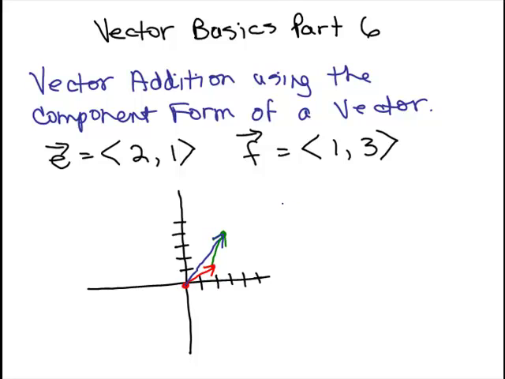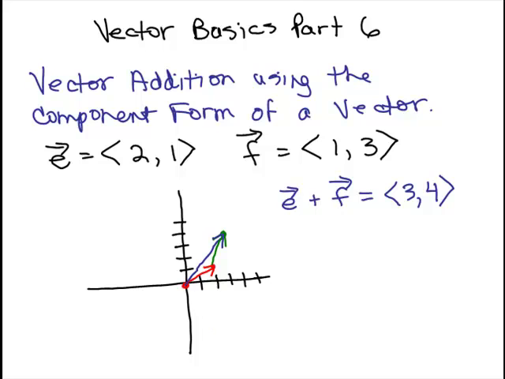So if I want to do E plus F in blue, what vector is that? Here's the starting point and the end point. How would I get there? I would go over 3 and up 4. So there's a picture of me doing it.